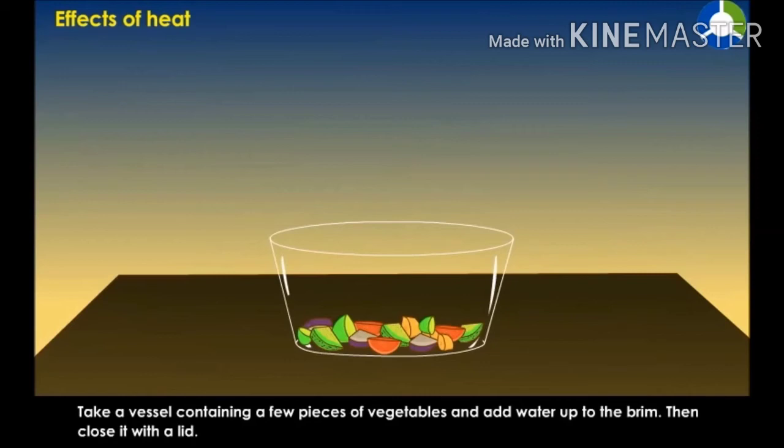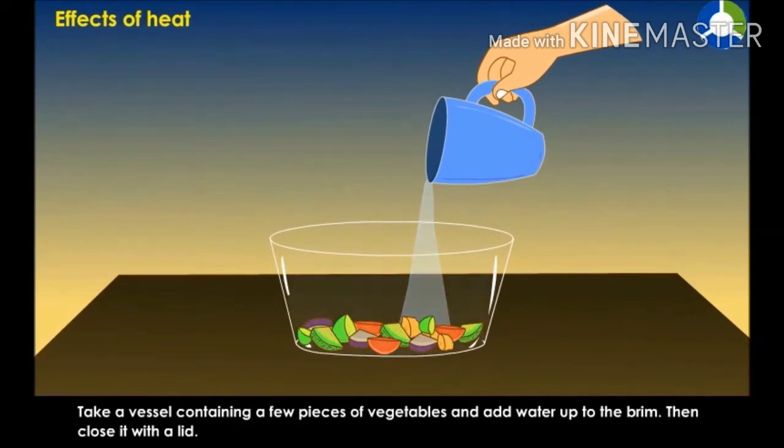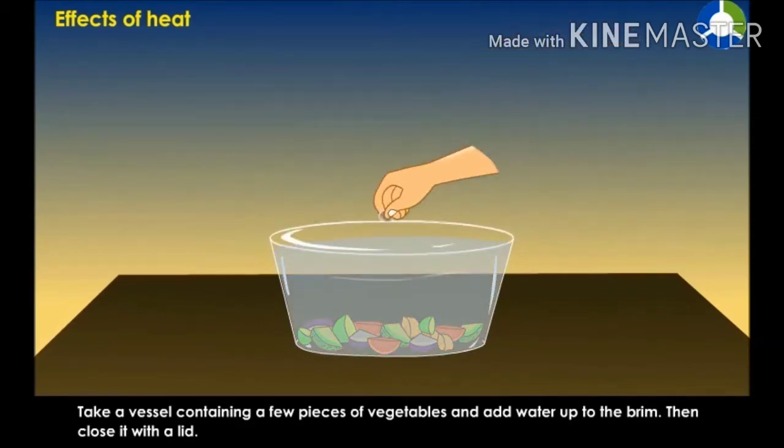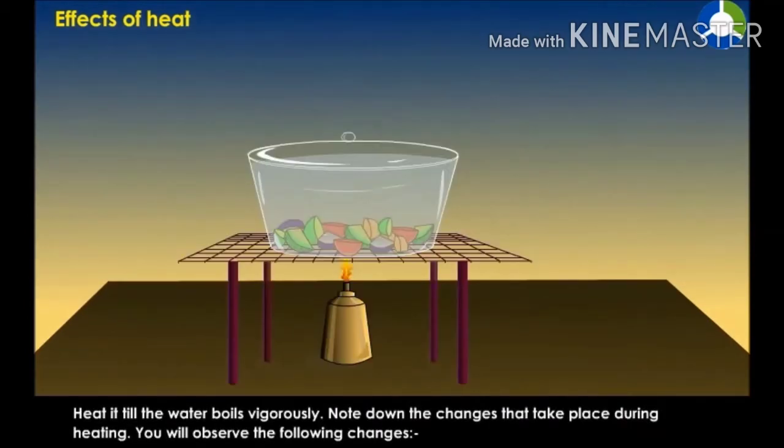Take a vessel containing a few pieces of vegetables and add water up to the brim. Then close it with a lid. Heat it till the water boils vigorously. Note down the changes that take place during heating. You will observe the following changes.